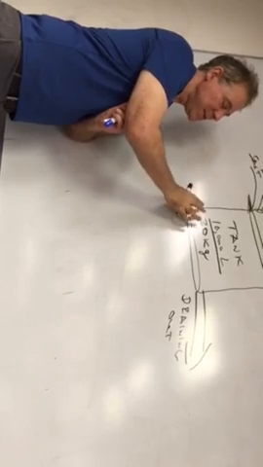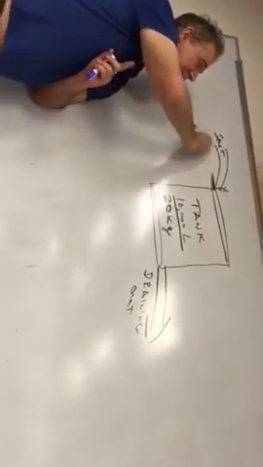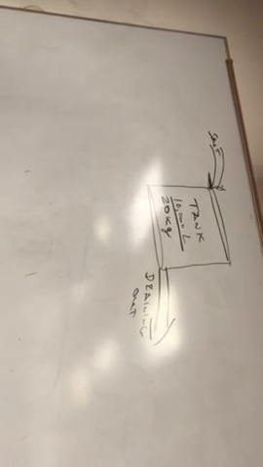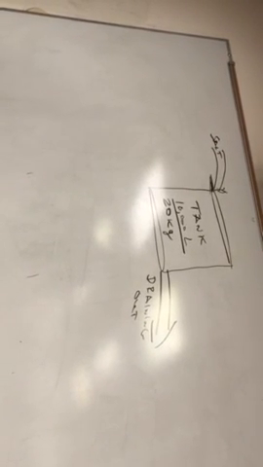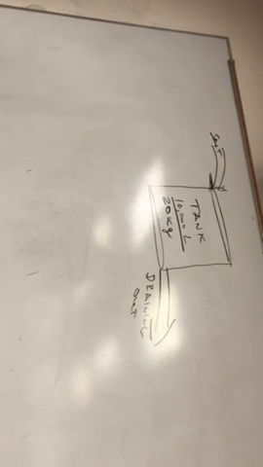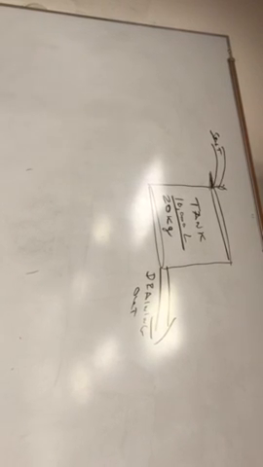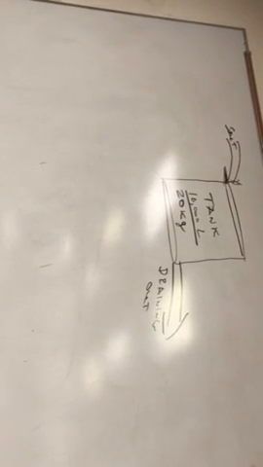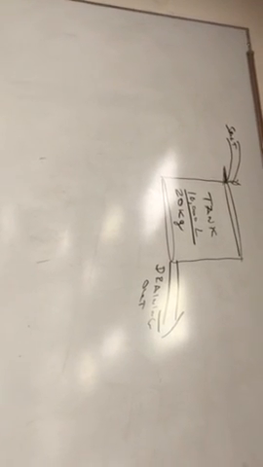So this is typically what's happening. Now they tell you the salt is coming in. In this case it says brine, which is salt water, of 0.04 kilograms per liter.